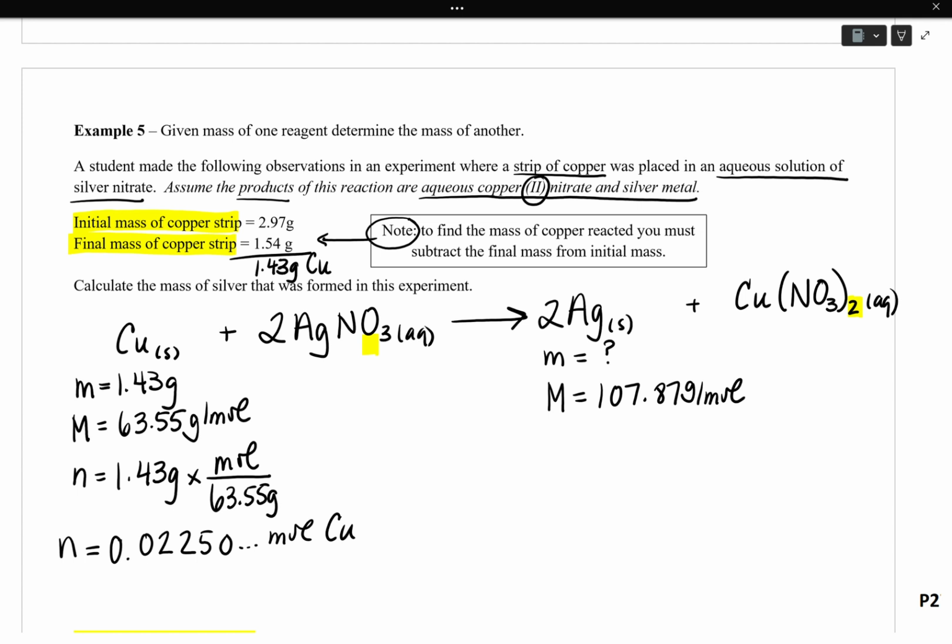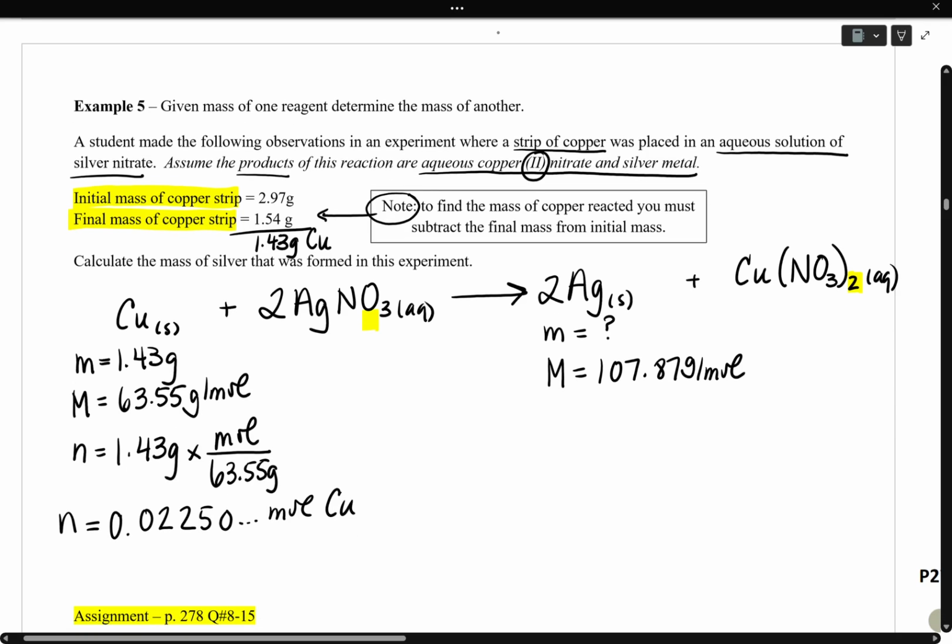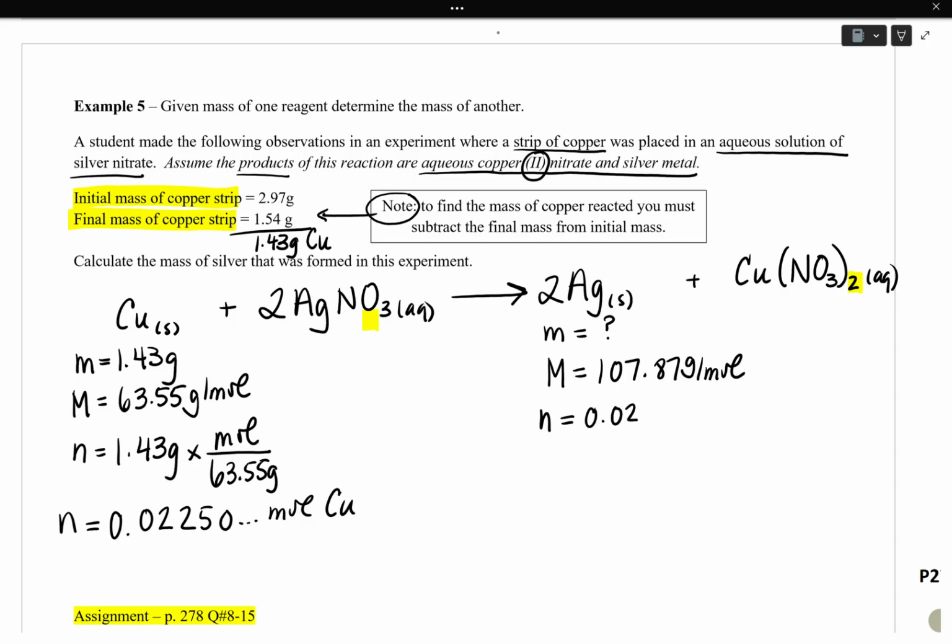Now if we want to solve, we need to use that mole ratio to solve for our moles of silver. So our number of moles of silver, let's take the number of moles of copper that we are consuming, 0.02250 moles of copper. And now we're going to use that mole ratio.